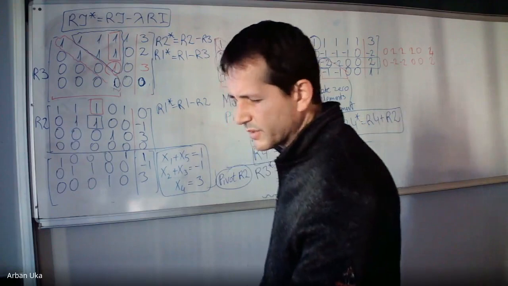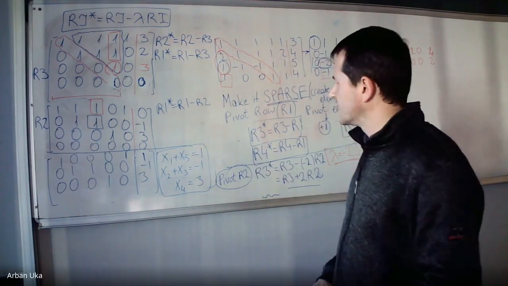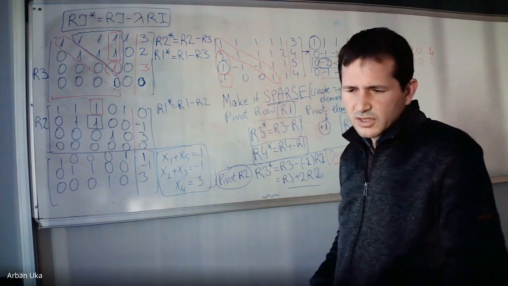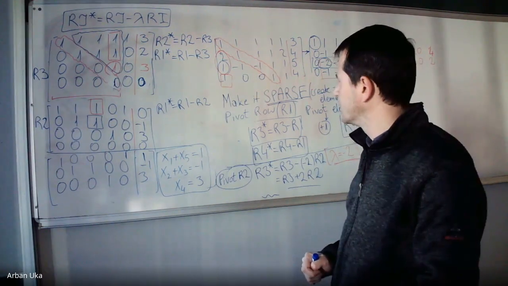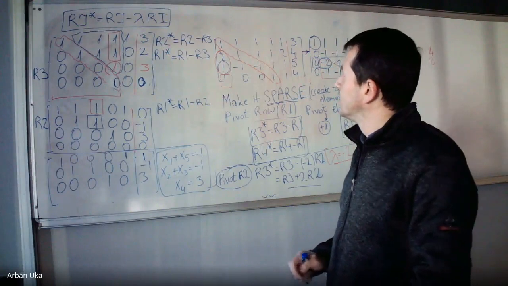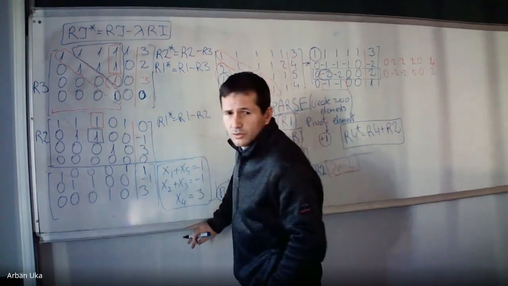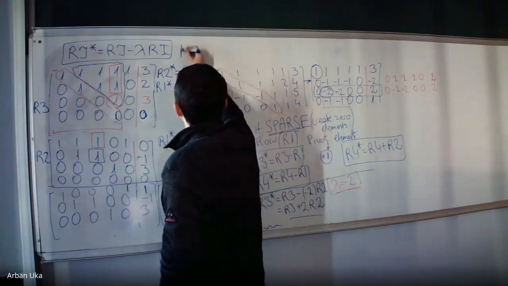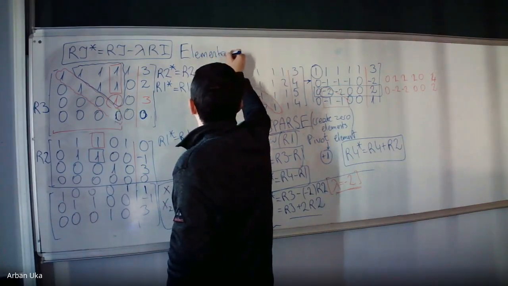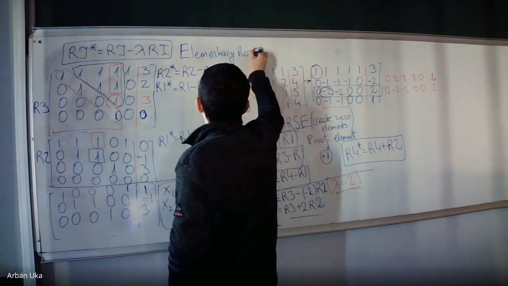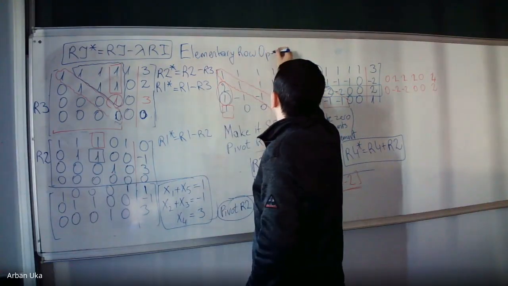So this is a simpler representation of the same information that was provided when we first wrote these equations. Okay? What we need to keep in mind is that we do these elementary row operations. This is how we call them.